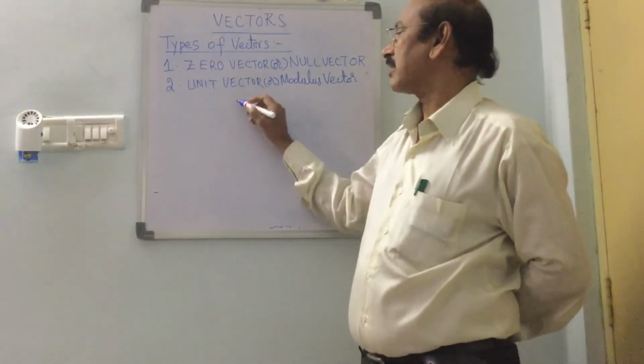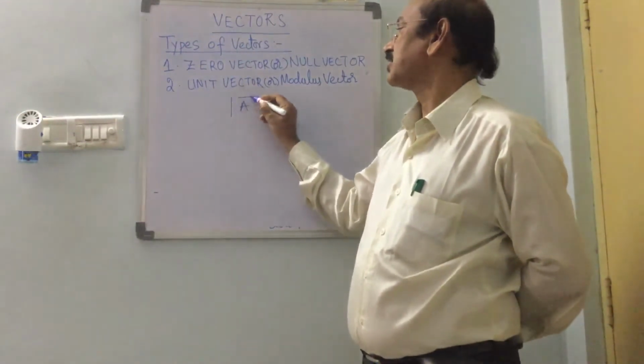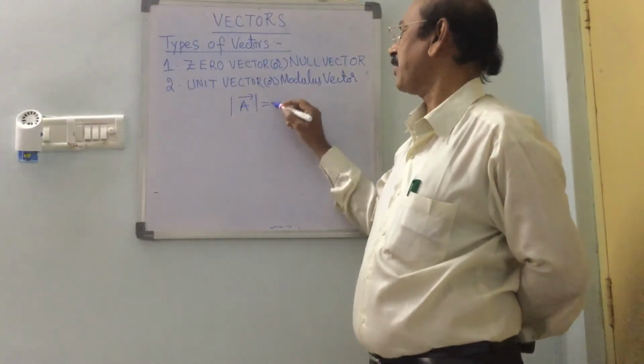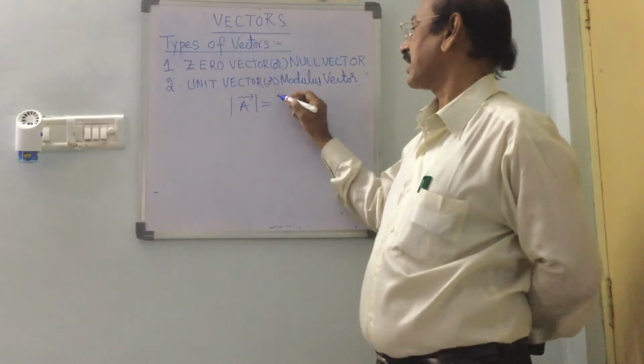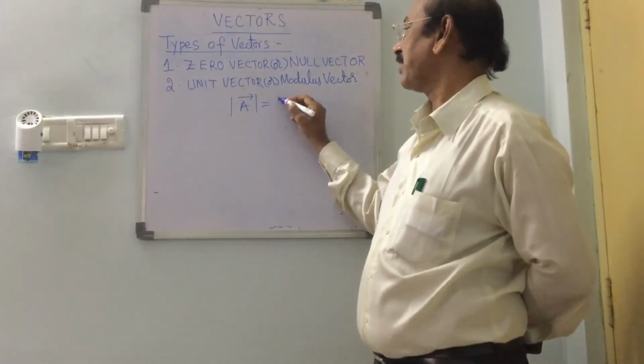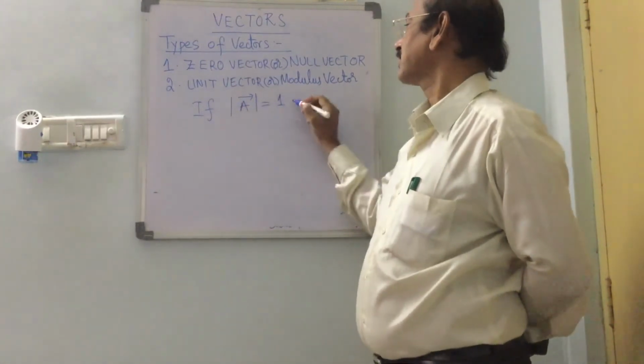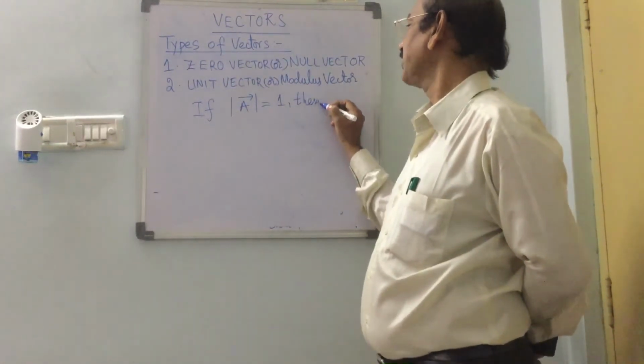If we consider a vector a bar, and if it is a unit vector, then the magnitude of a bar is equal to 1, and then a bar is known as unit vector.